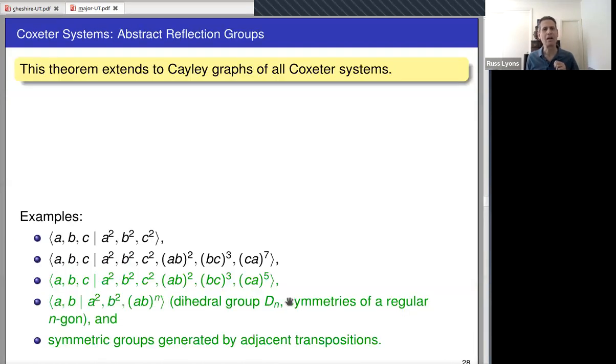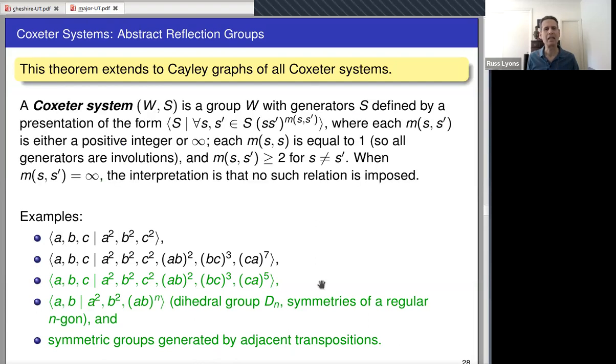So let me just close by saying that this theorem extends to Cayley graphs of all Coxeter systems. I was going to show you more, but I've shown you some. These are the infinite ones I showed you, and I showed you some finite ones. Coxeter systems are defined by certain simple properties of the presentation, but the point is that they are abstractions of reflection groups.